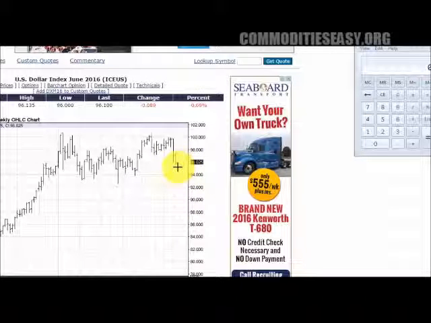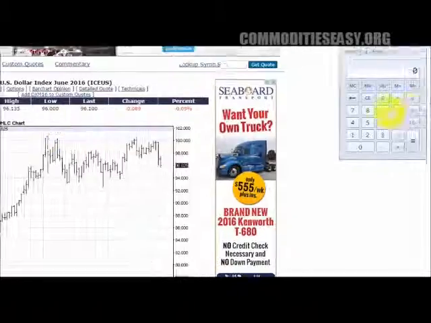Right now it's February, so you want to go back to February of last year, which is probably right at this point. We'll take the high number, which is right there, and that's 100.7.